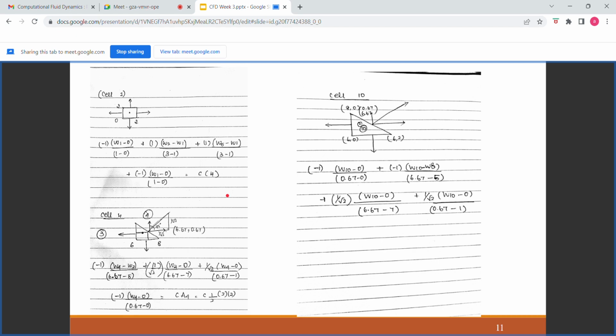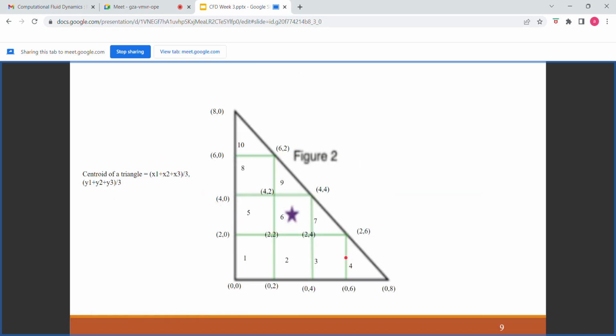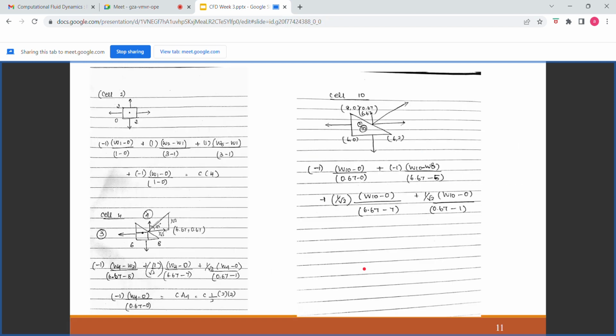The other square cells would follow the same manner. So we'll see how to simplify the problem for a triangular cell. For example, consider this cell 4. Since it is the last cell, the x coordinates are 6 and 8, while the y coordinates would be 0 here and 2 over there.